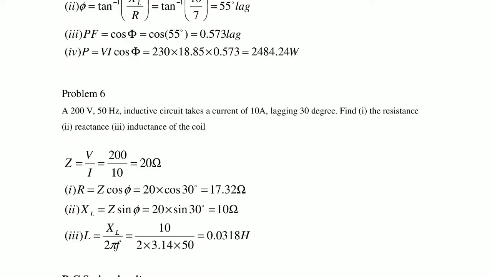So R is equal to 20 into cos 30, which gives 17.32 ohms. That is the resistance.